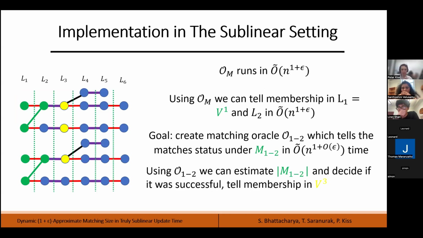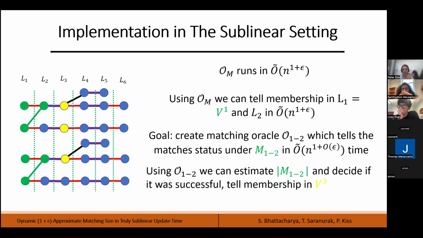Everything here is about oracles in the sublinear regime. Once we have computed this hierarchy of oracles, which can tell the match status under the matching we want to compute at the end, which is 1 plus epsilon approximate, we will query log n vertices and extrapolate to the graph. But until that point, we will just recursively compute stronger and stronger oracles.